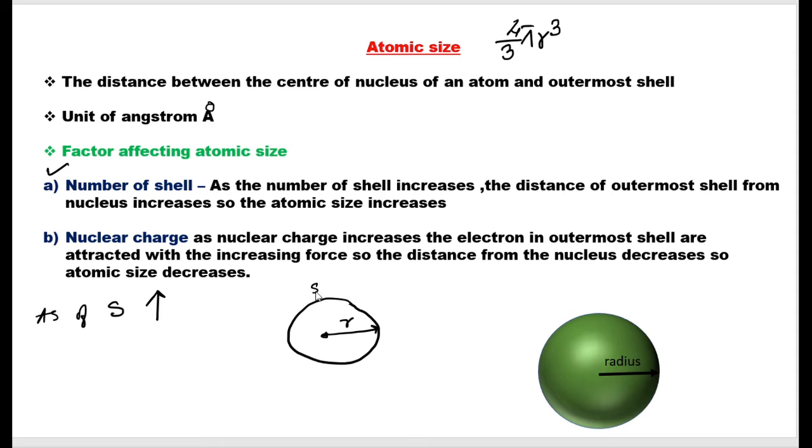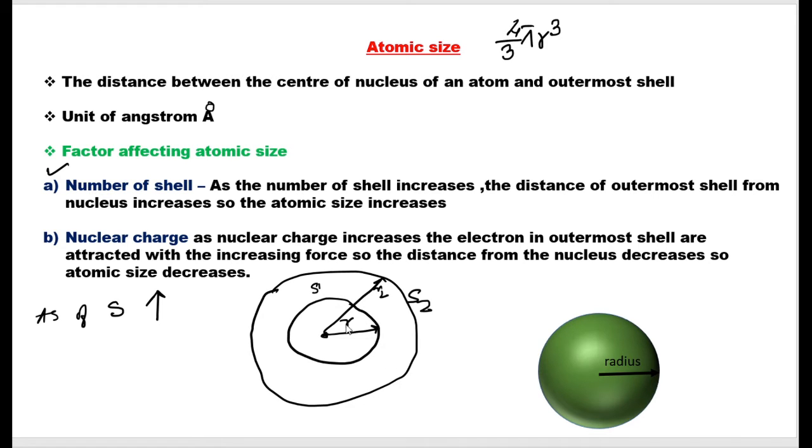If this is shell 1 and another atom will have shell 2, its distance has increased from the nucleus. As the distance has increased, I can say the radius has increased. Since the radius has increased, the volume of the atom will increase. So, I can say the atomic size increases.